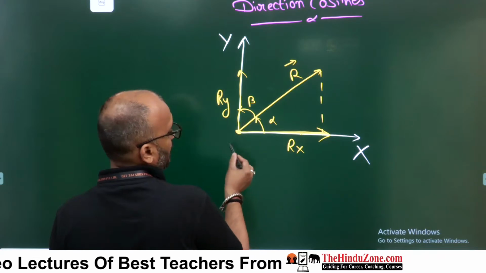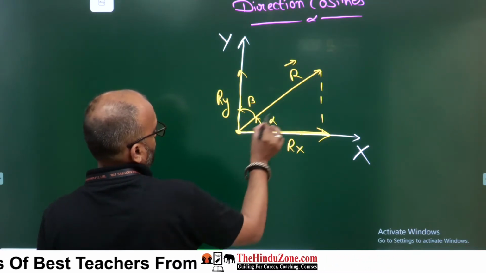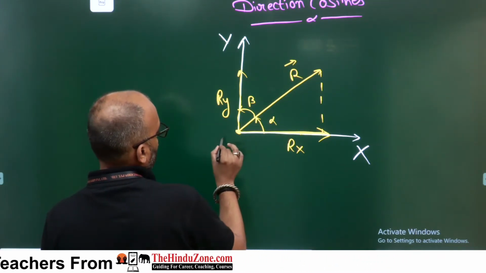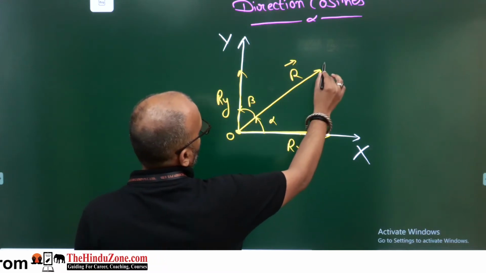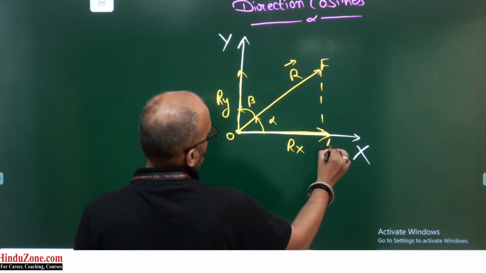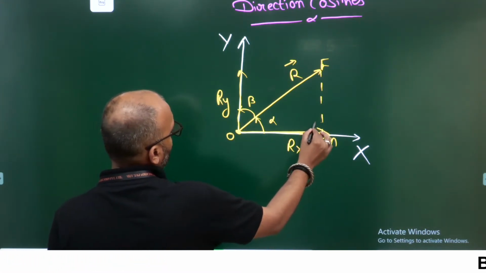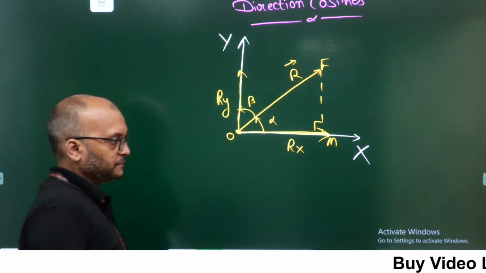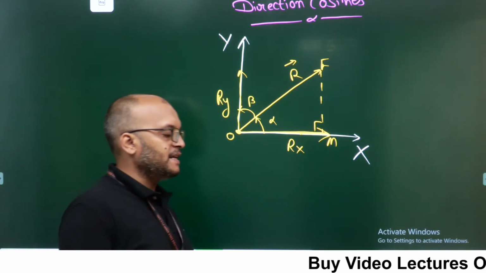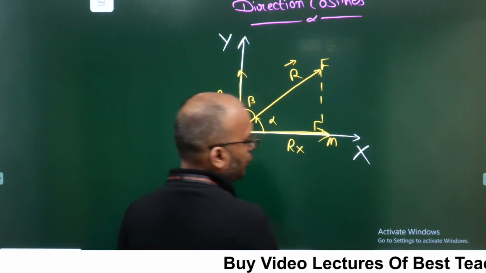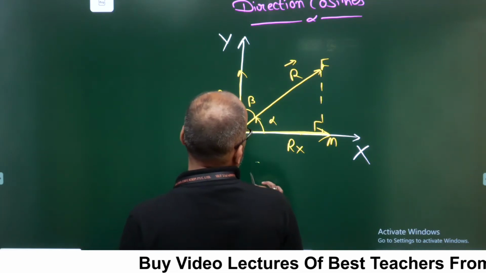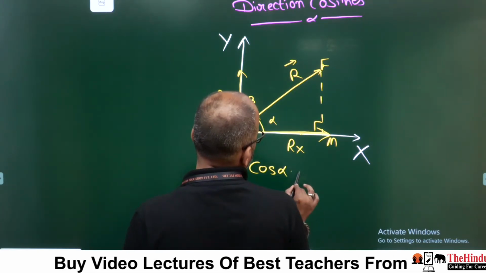Now see, if I draw an imaginary perpendicular here, OFM is a right angle triangle. Now in this right angle triangle, what will be cos alpha?